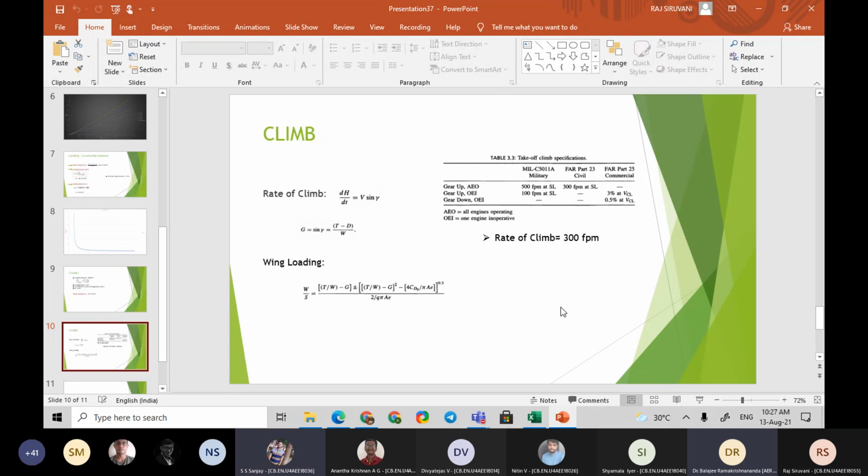Sir, I have another question. In the denominator we have Q, and Q is half rho V square. So the rho is rho at the airport, right, sir? See, for military and civil there's no confusion, at sea level it's given. But for the commercial one, it is airport height. Good question, but I thought I would leave it for you to figure out.